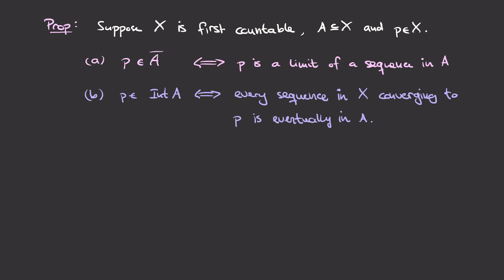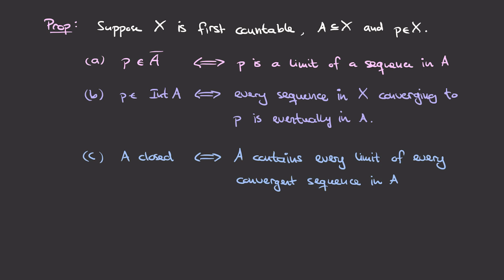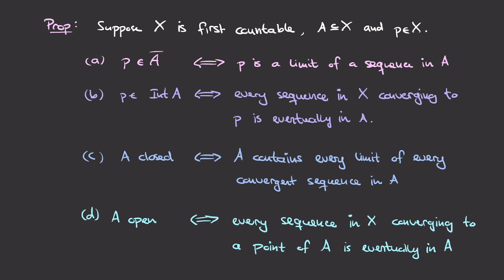In fact, parts A and B can be used to characterize open and closed sets. So we further have that a subset A is closed if and only if A contains every limit of every convergent sequence in the subset A. And finally, A is open if every sequence in X that converges to a point of A lies eventually within A. So you can think of these parts A and B of the proposition as being these local versions that relate to a point and sequences converging to that point.